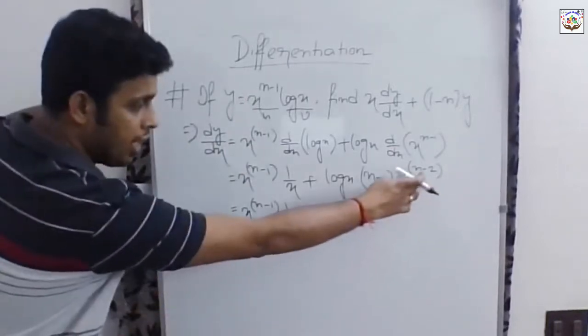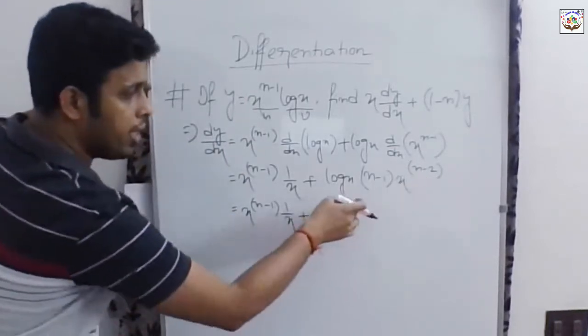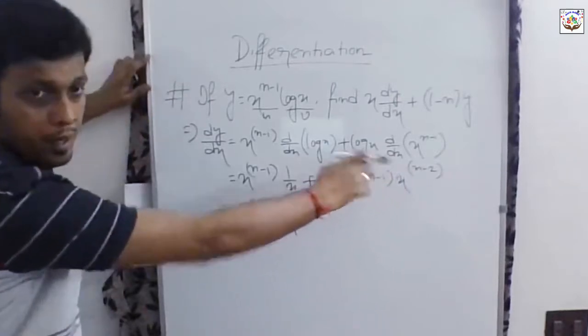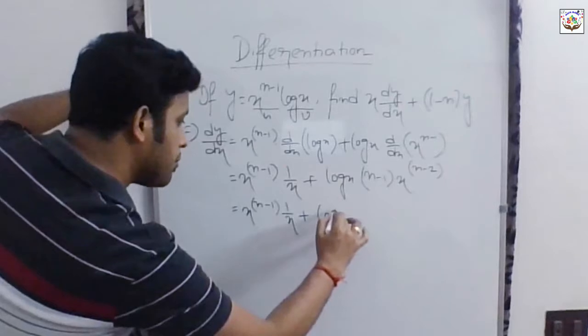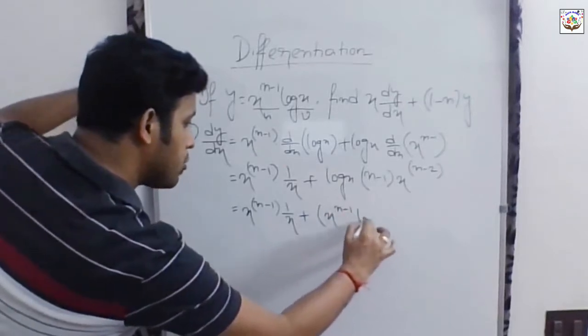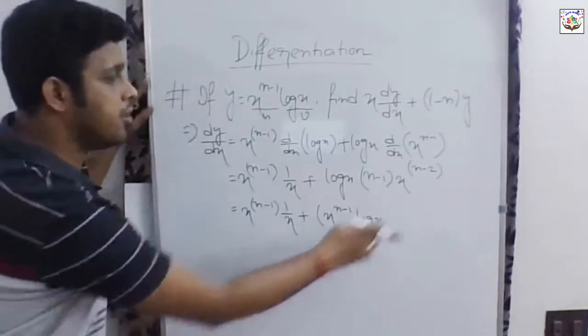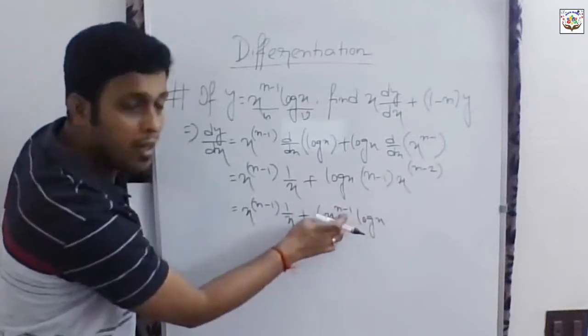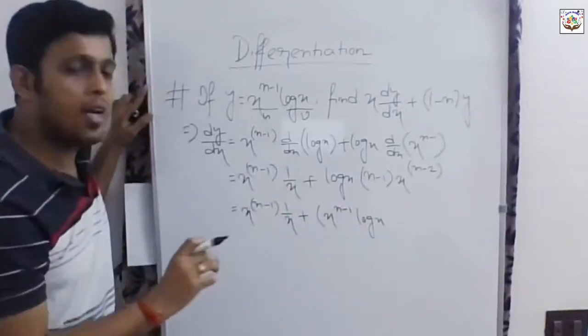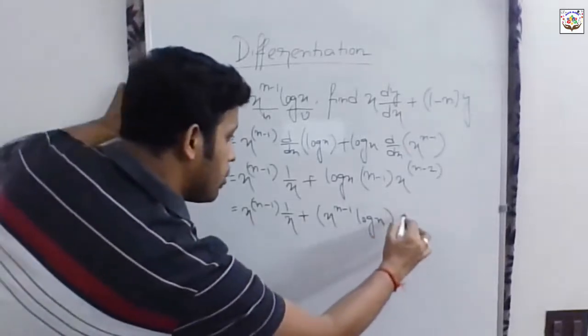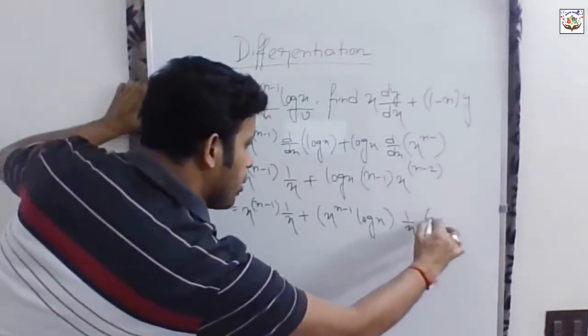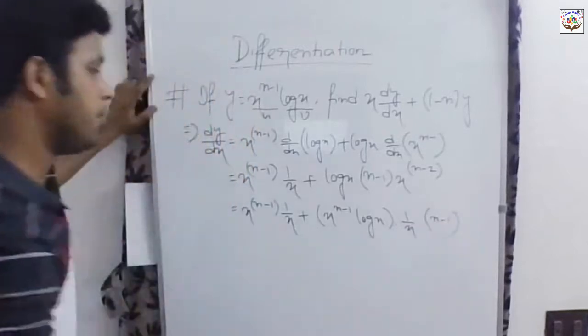If we take an x in the denominator, then it can be x to the power n minus 1, and log x is already here. So can I write x to the power n minus 1 log x as, instead of n minus 2, we have written n minus 1, so 1 by x will be at the denominator, into 1 by x into n minus 1.